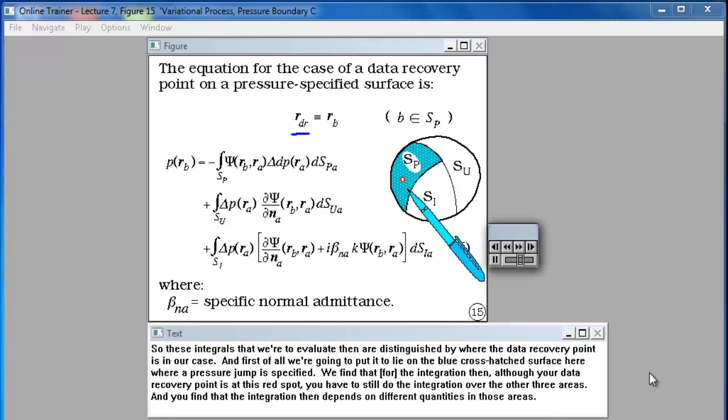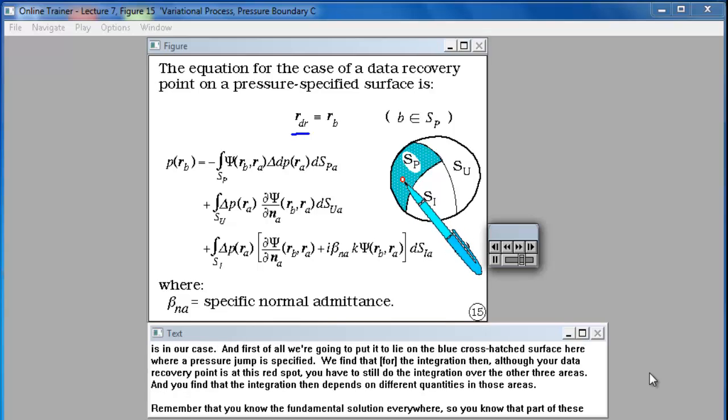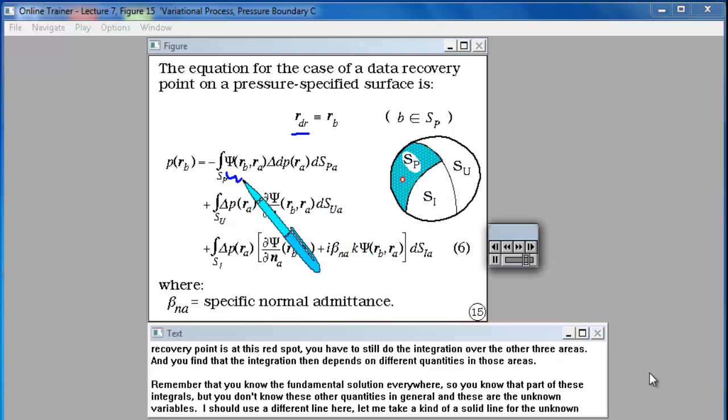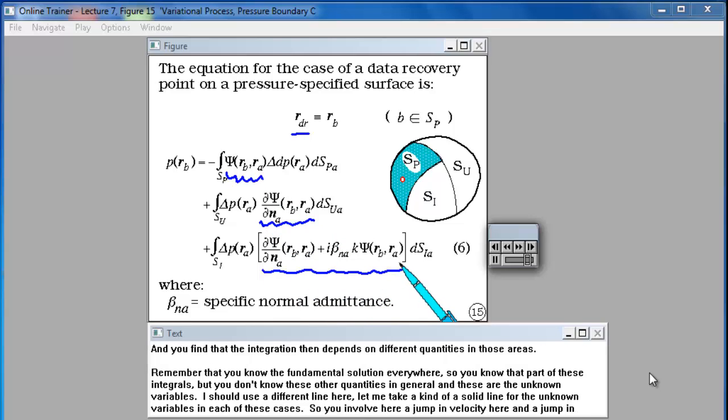We find that the integration then, although your data recovery point is at this red spot, you have to still do the integration over the other three areas. And you find that the integration then depends on different quantities in those areas. Remember that you know the fundamental solution everywhere, so you know that part of these integrals. But you don't know these other quantities in general, and these are the unknown variables.